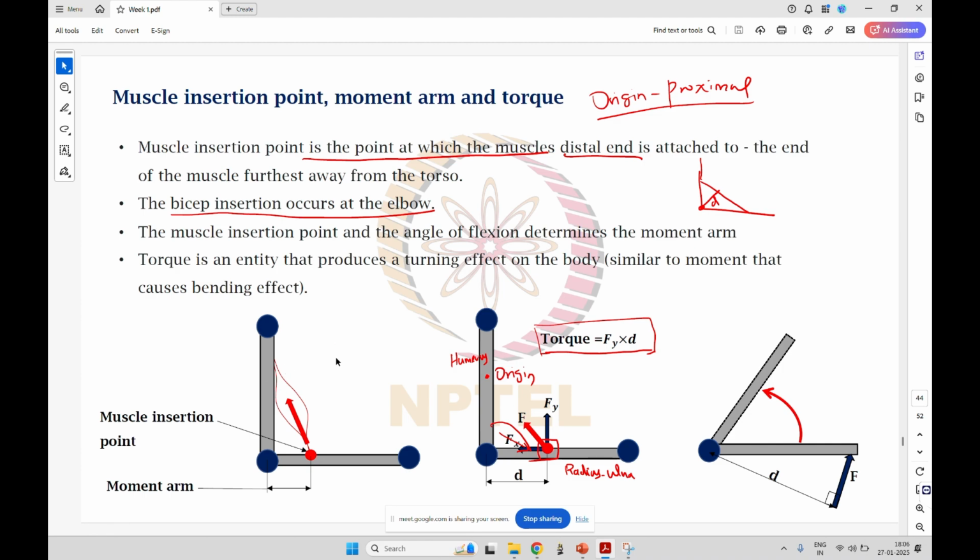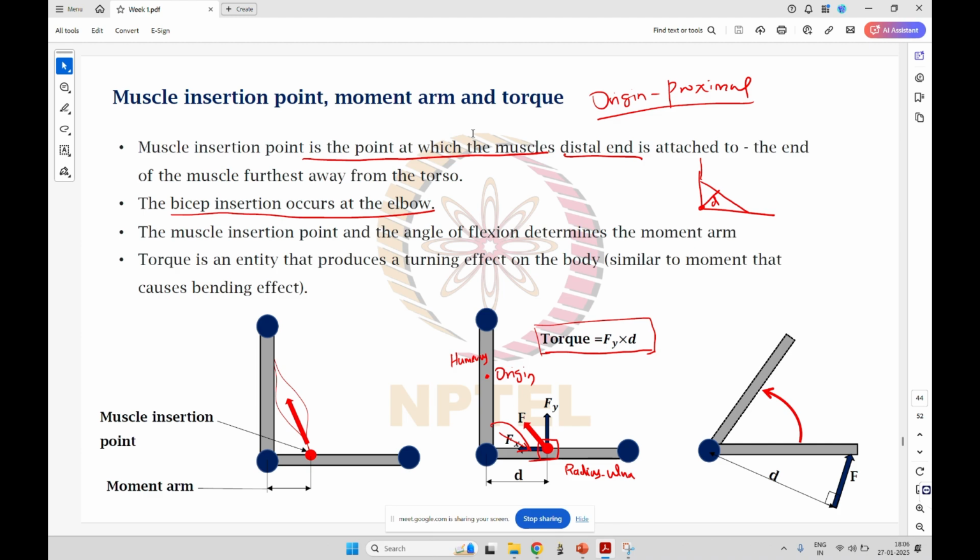The distal and proximal end here is with respect to the torso or the subject itself. So, if it's further away, then it's supposed to be distal. If it's closer to the body, it's supposed to be proximal.